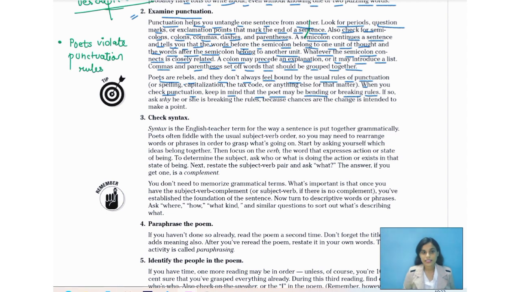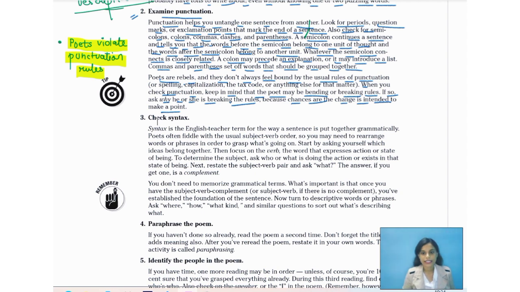So this is another very important point that you should remember: poets violate the punctuation rules. So not always will you be able to figure out what a punctuation is aiming for. If so, ask why he or she is breaking the rules, because chances are the change is intended to make a point.